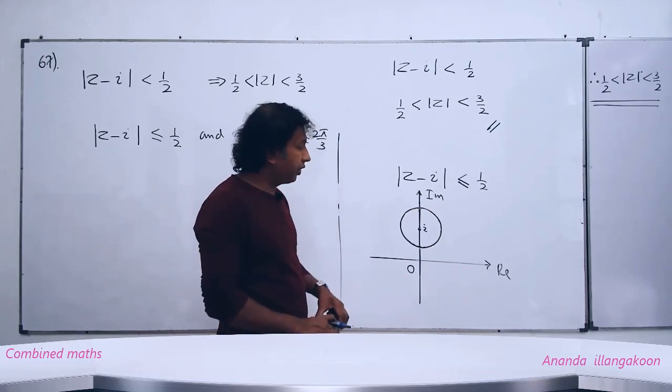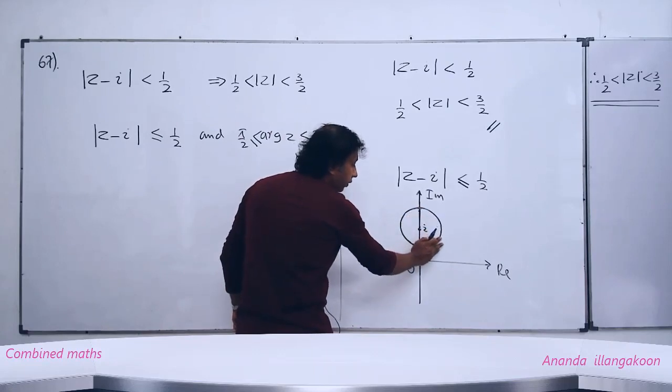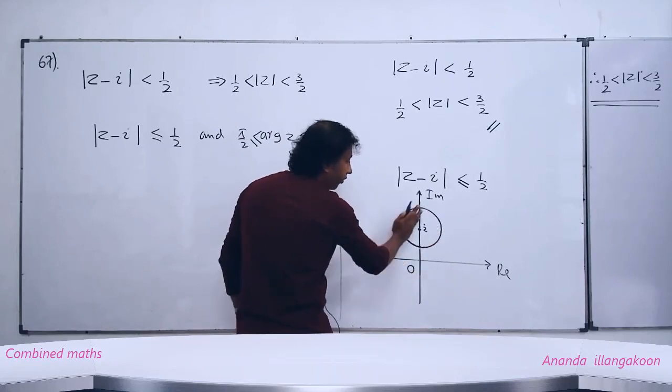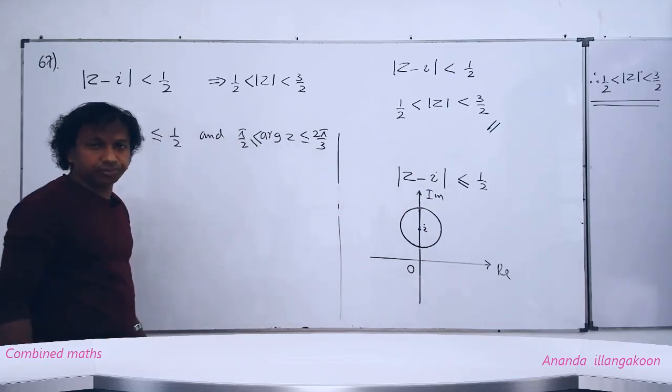Then what region do we need? On the circle and inside the circle only, these complex numbers are available.